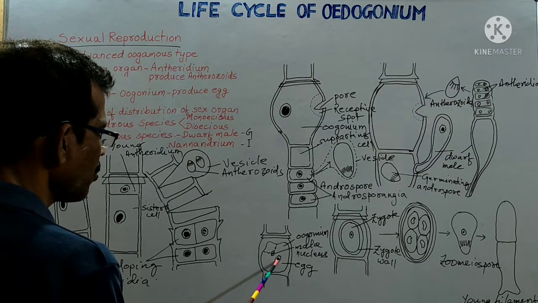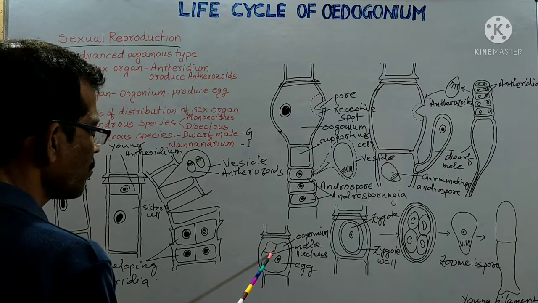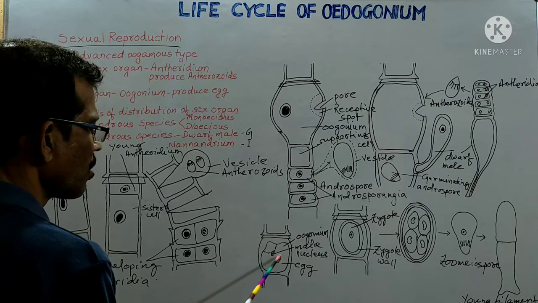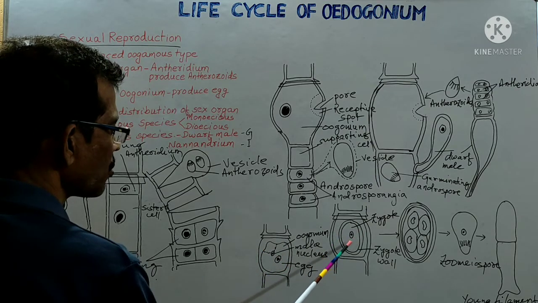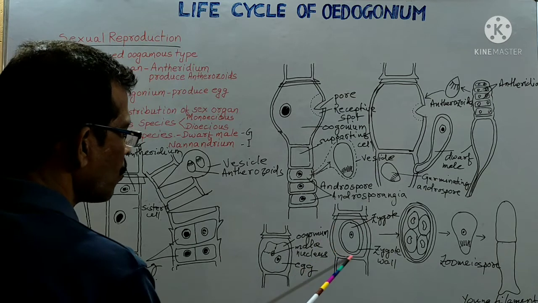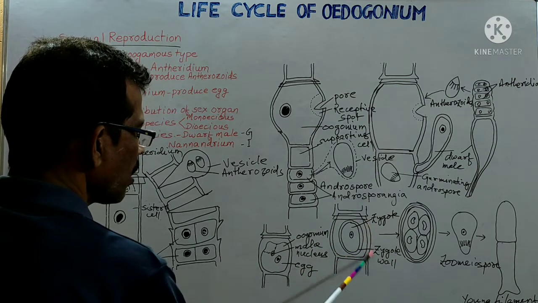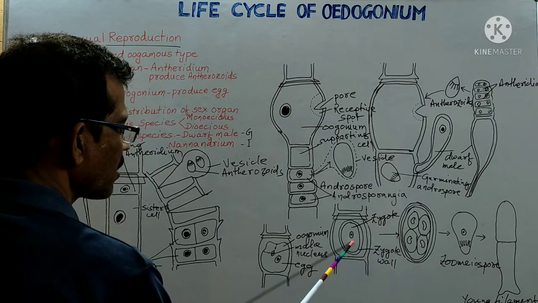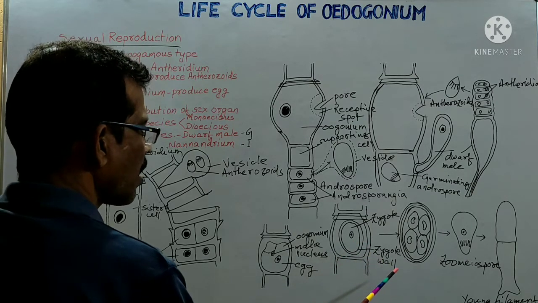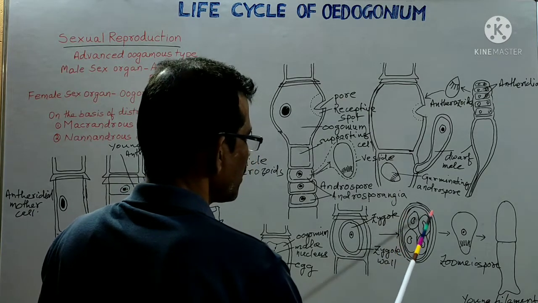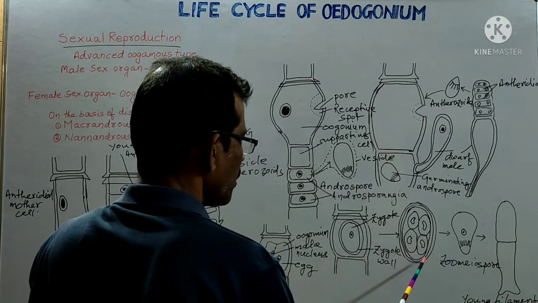Here the female nucleus and male nucleus fuse together to form a diploid structure known as zygote. And this is the wall of the oogonium. Later on, the oogonial wall ruptures and the zygote is released to the outside. This zygote secretes a three-layered wall around it.